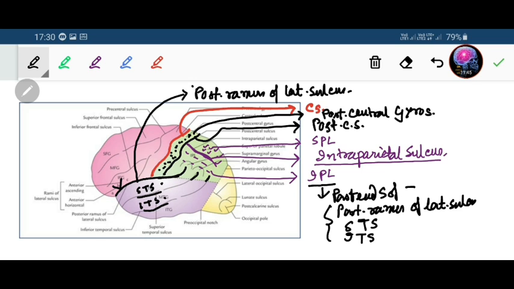The gyrus that surrounds the posterior ramus of lateral sulcus in its posterior part is called the supramarginal gyrus. This is the supramarginal gyrus.